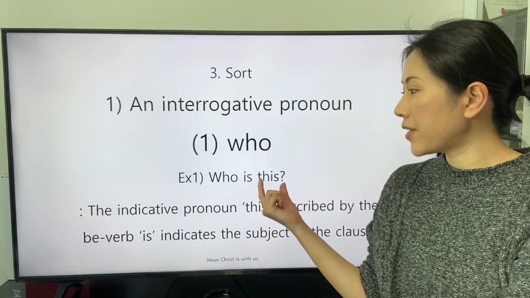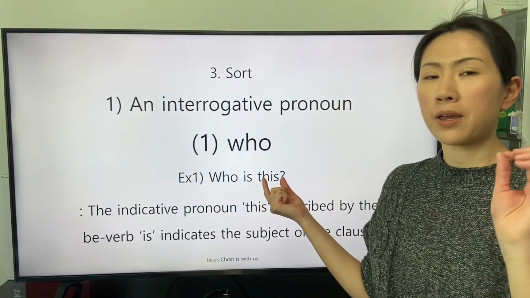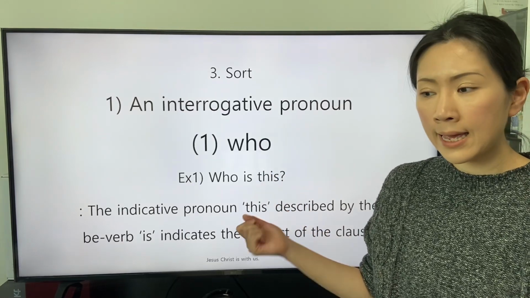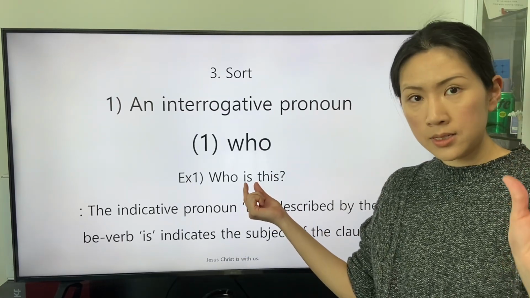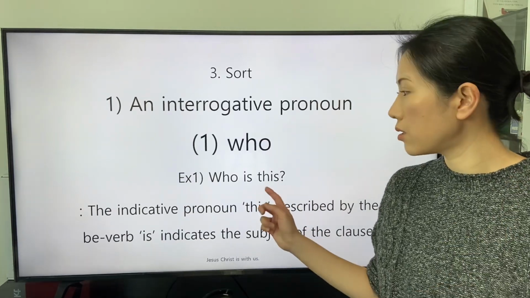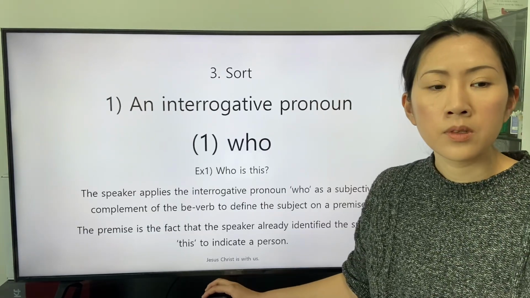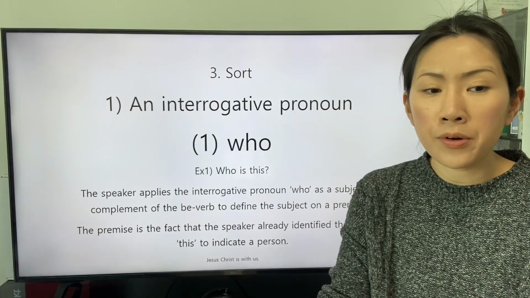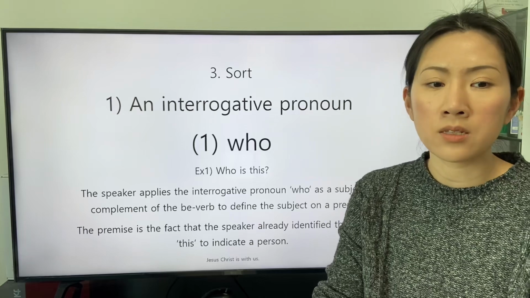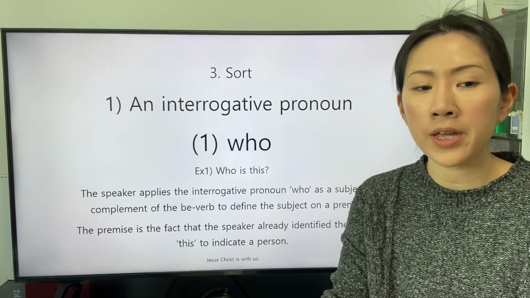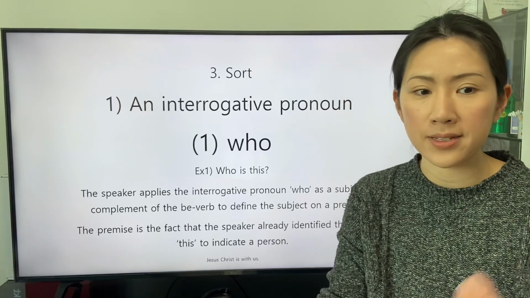The subject of this clause is indicated by the indicative pronoun this, and the be verb describes the existence of the subject this. The speaker applies the interrogative pronoun who as the subjective complement of the be verb to define the subject on a premise.